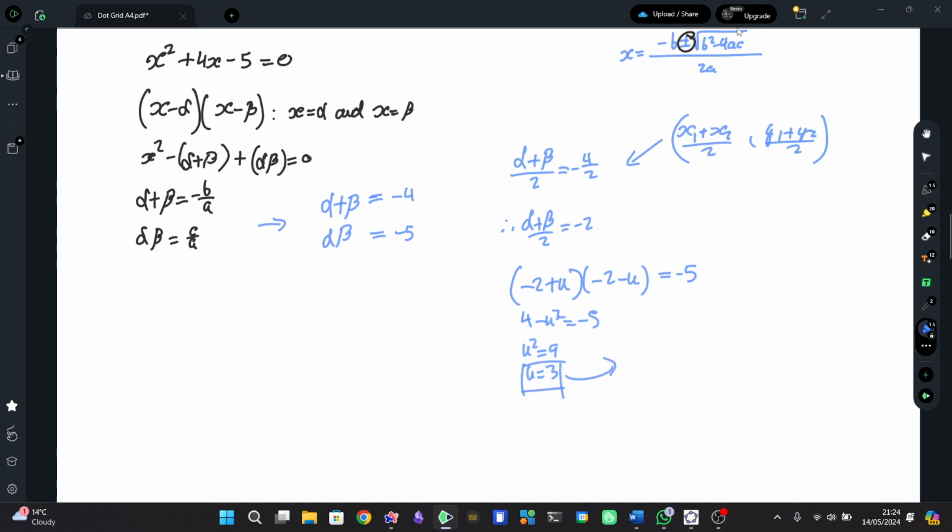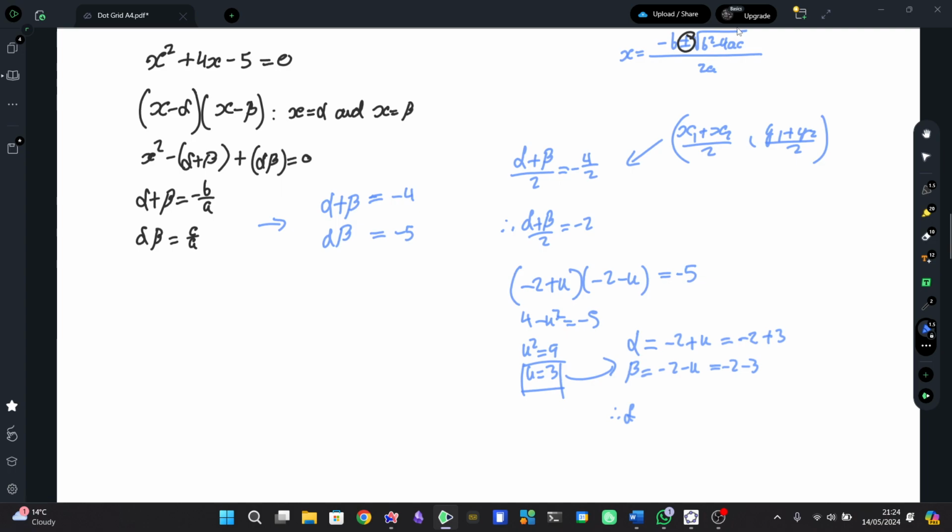Substitute that into this to get our alpha and beta. So alpha equals minus 2 plus u, and beta equals minus 2 minus u, which is minus 2 plus 3 and minus 2 minus 3.